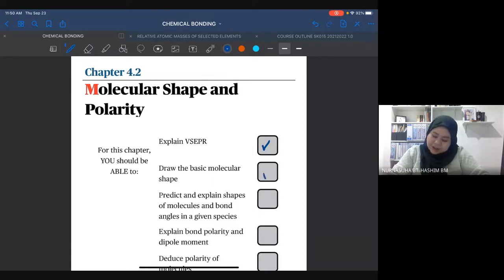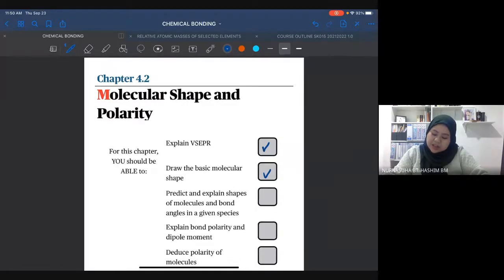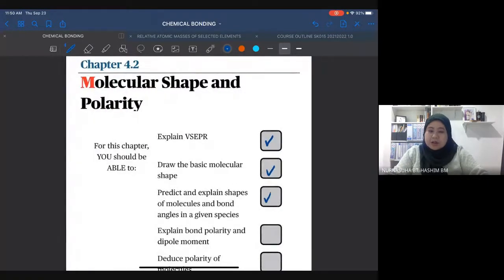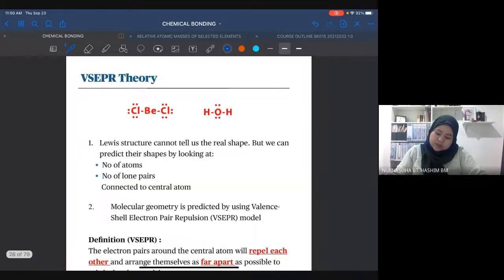After that we are going to draw basic molecular shapes, and then we will predict the shape of a given compound. So we are going to do this trick. Let's have a look.